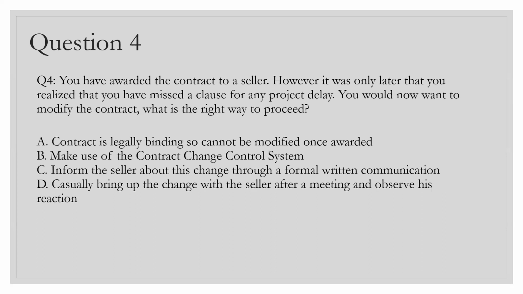You may be tricked into option C, which talks about informing the seller through a formal written communication. I will say it will never happen like that, because a contract is a legal document and you cannot change that with just an email or something written in a doc that you sign off. You have to go through the contract change control system. So the answer is B.